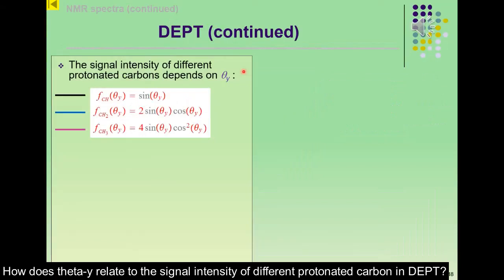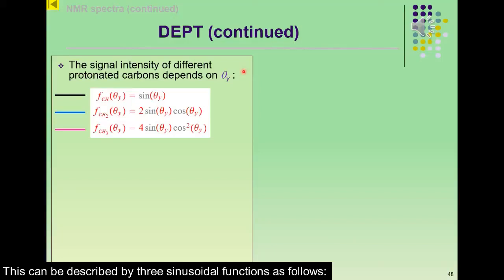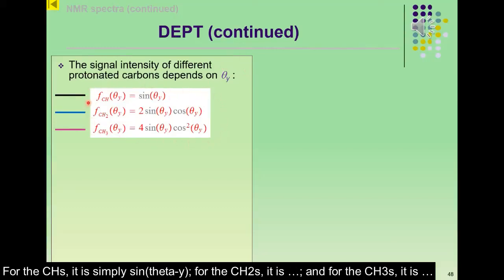How does theta Y relate to the signal intensity of different protonated carbons in DEPT? This can be described by three sinusoidal functions as follows.